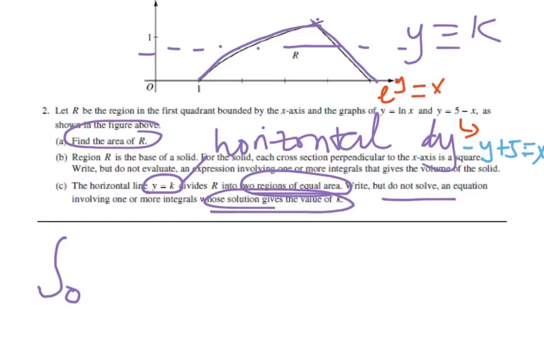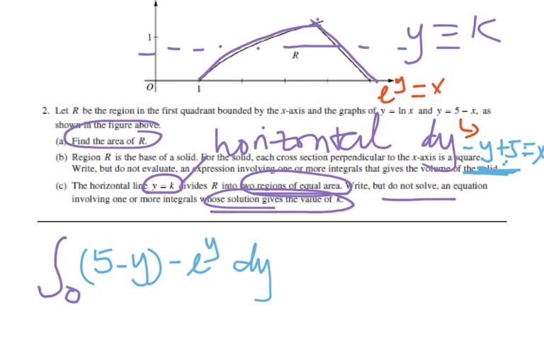Then we take right minus left to find the area. I'm going to use the same thing from part A, but switch it around a little bit. I like to write the positive number first, so I write 5 minus y, take away e to the y, dy.